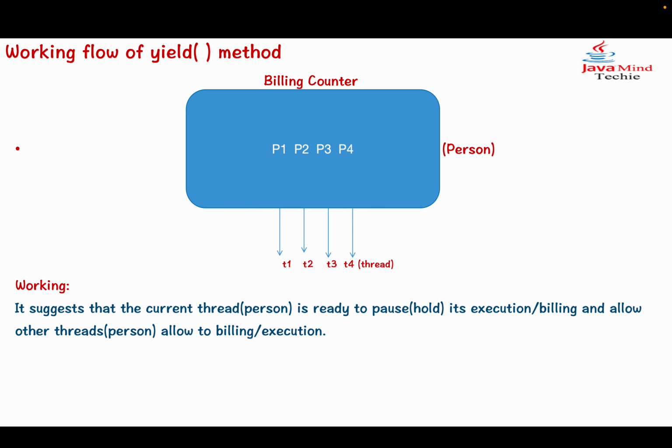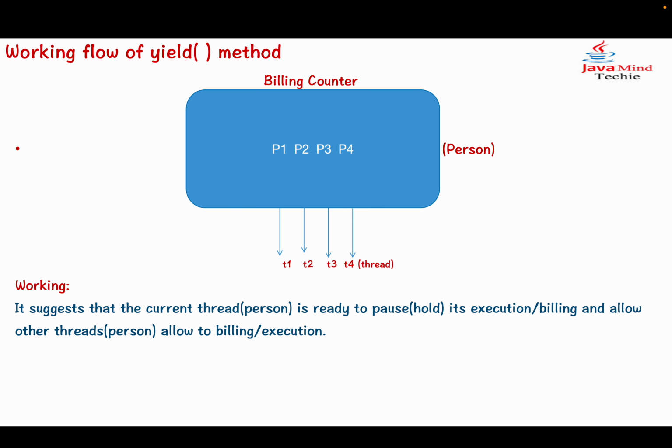If you allow the person behind you to do the bill first before you, that is where the concept of the yield method comes into the picture. The yield method talks about the current thread stopping its execution and giving a chance to execute another thread. The same thing is happening in this example also, if you allow that person to do the bill first. Correct guys?